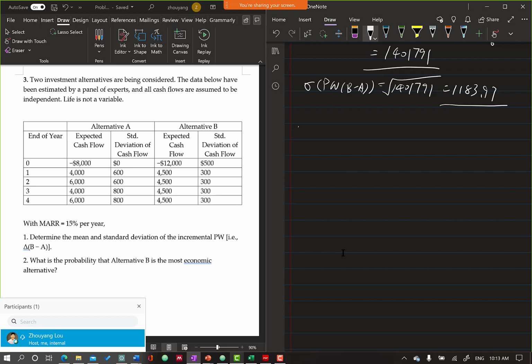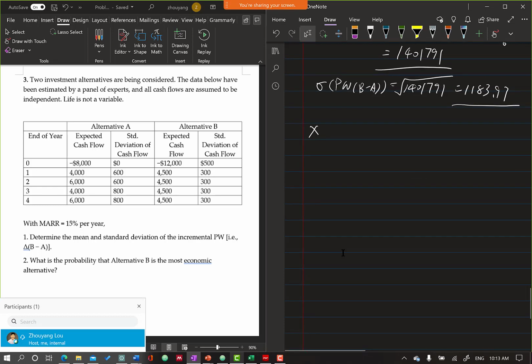So you actually have this form as what we have seen in the first problem. So x equals b minus a. We can think of that as the present worth of b and present worth of a.